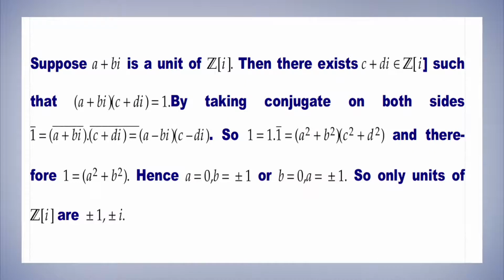So, 1 equals 1 times 1 conjugate, which is equal to (a^2 + b^2)(c^2 + d^2), and therefore 1 equals a^2 + b^2. Hence, a is equal to 0 and b is equal to plus or minus 1, or b is equal to 0 and a is equal to plus or minus 1. So, the only units of Z[i] are plus or minus 1 and plus or minus i.